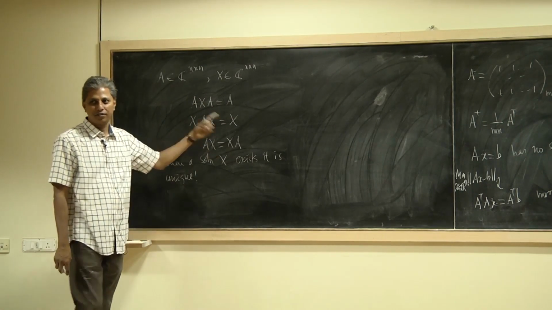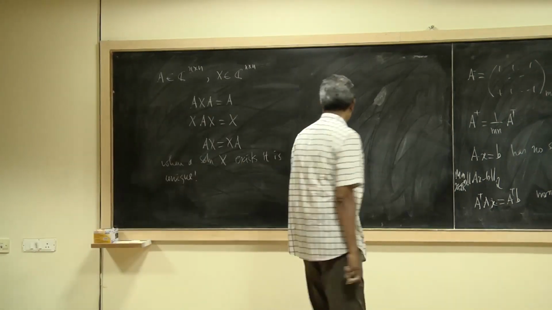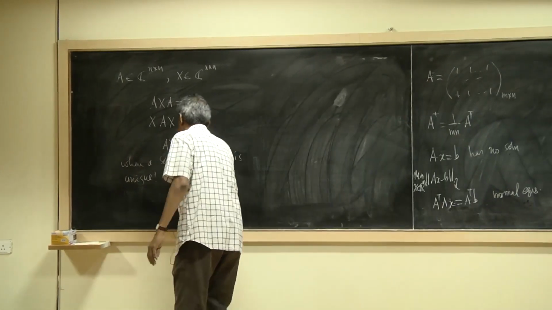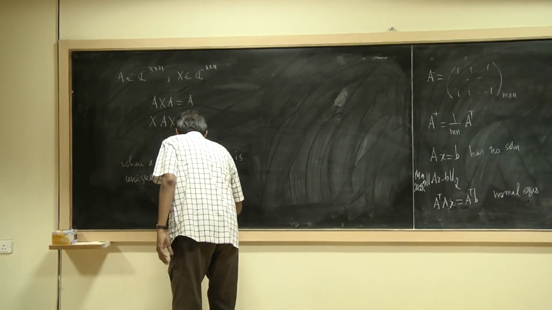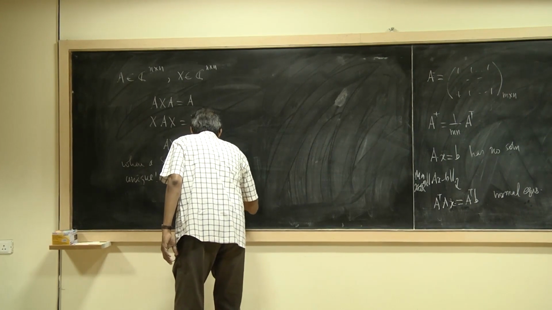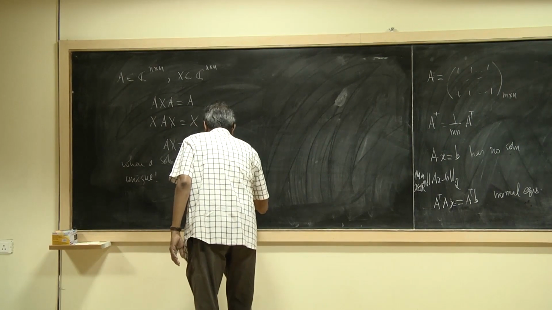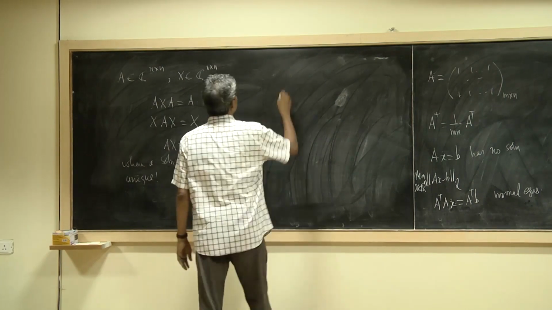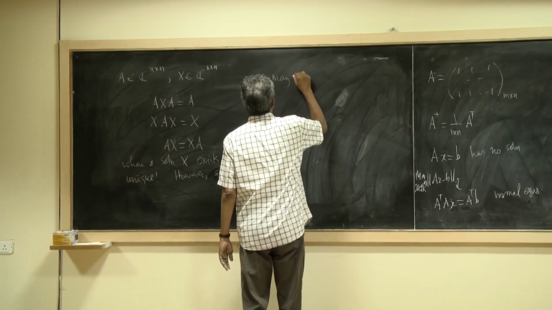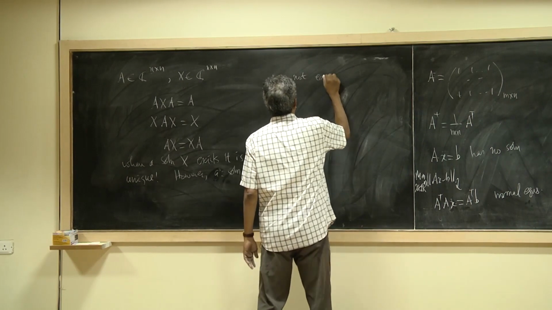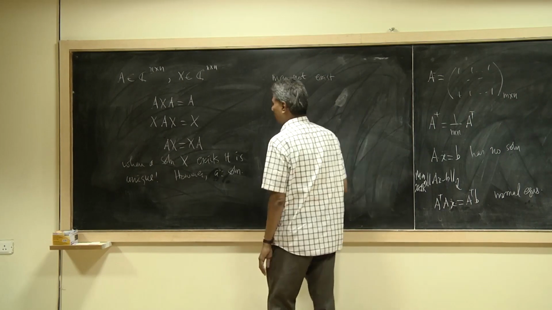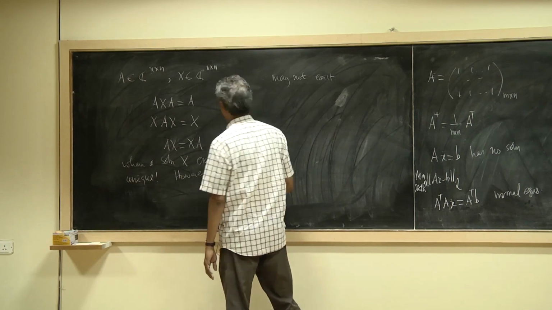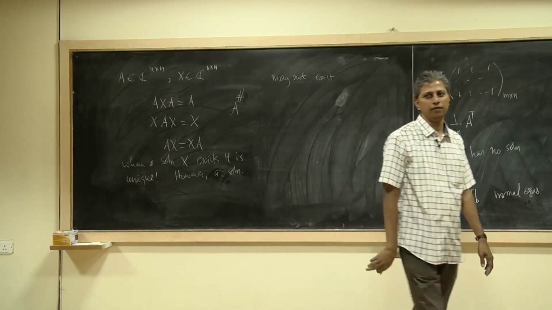You can see it's always there, but the group inverse may not exist. A solution may not exist. Now the group inverse will be denoted by a hash. Okay. Moore-Penrose inverse is A dagger, this is A hash.